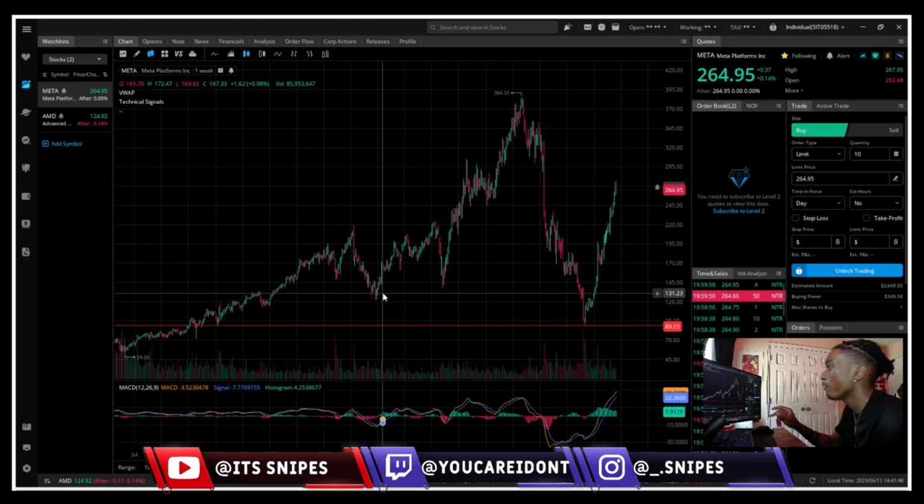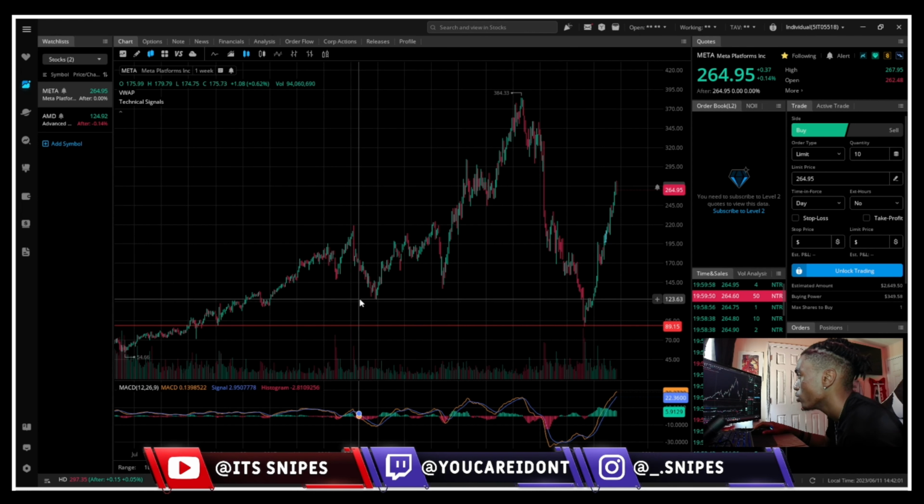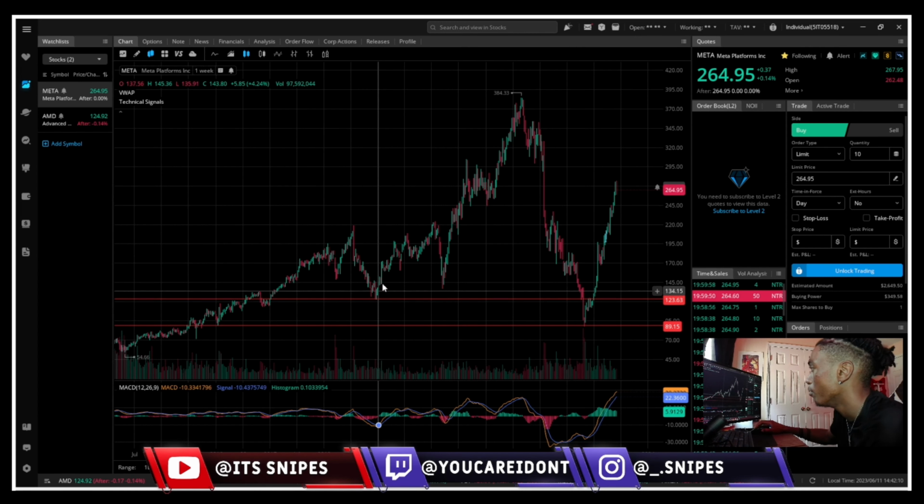And then you want to find your second lowest point, because there's always going to be one or two levels when it comes to the demand zone. The second level, as you can see, came lower right here. We're going to put a horizontal line right there, and as you can see, it bounced off that line. Boom.